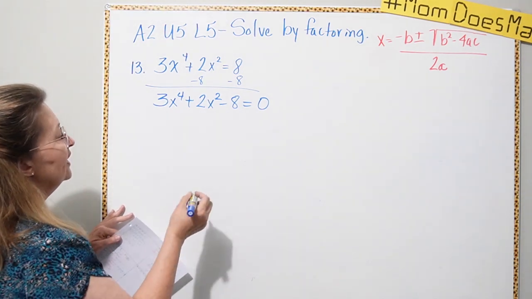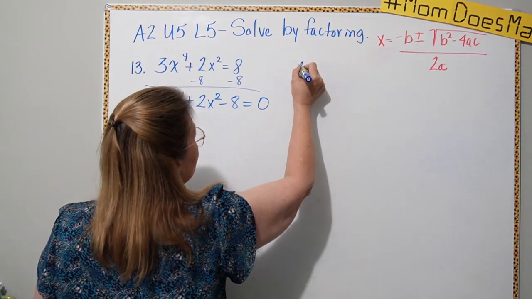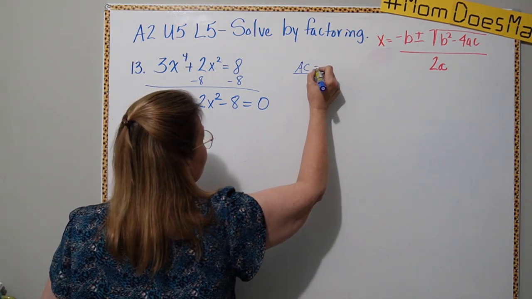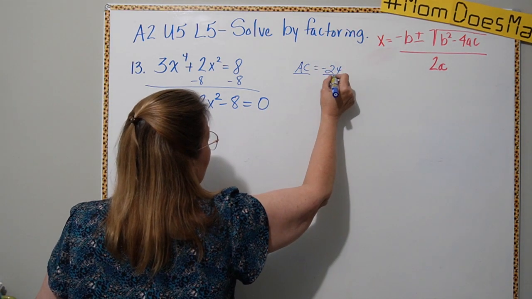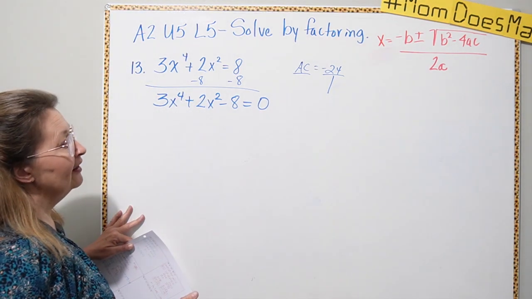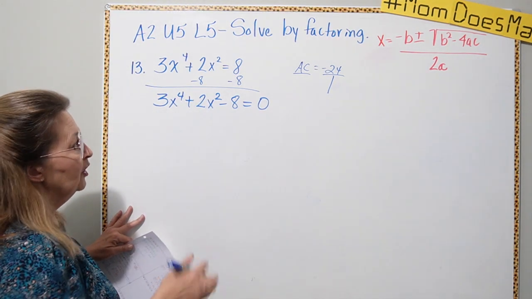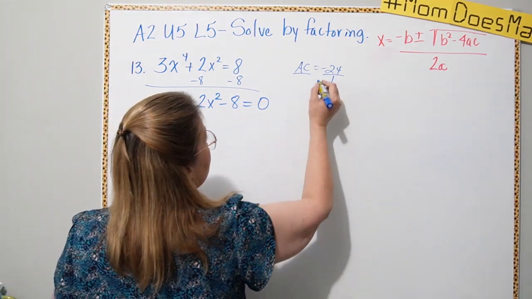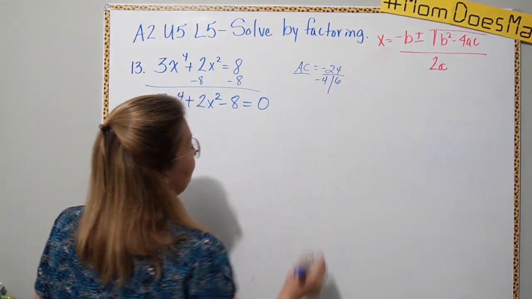So what do you do on the AC method? Well, the first thing you do is multiply A times C. So 3 times negative 8 is negative 24. Now I'm looking for a pair of numbers that will multiply to give me negative 24, but add up to give me positive 2. So that's going to be negative 4, positive 6.